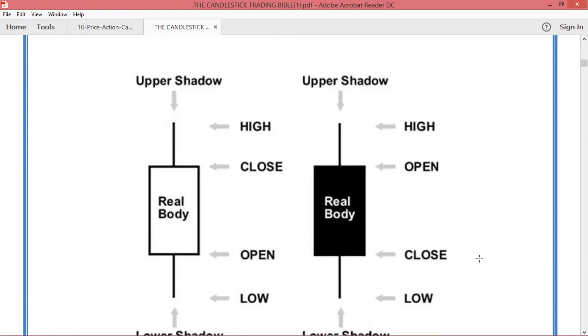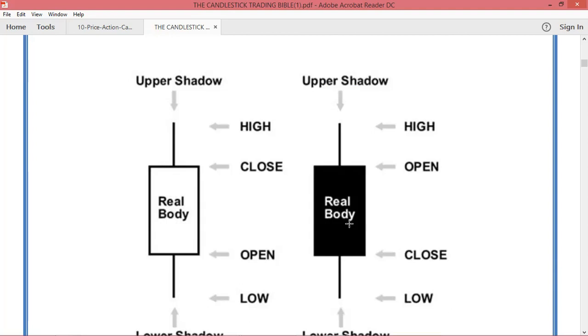So notice we have 2 types of candlesticks according to the settings I gave to you guys: the green candlestick and the black or red candlestick. Please listen to this now. That's why you don't have to skip any part of this video. Denote this white candlestick as a green candlestick, and denote this black candlestick as a red candlestick.